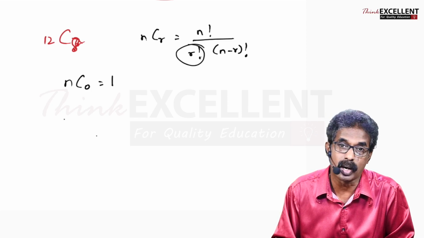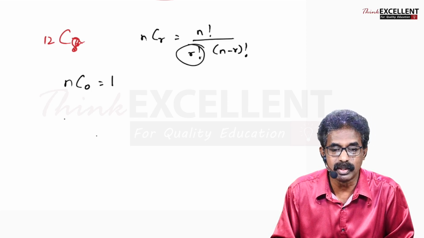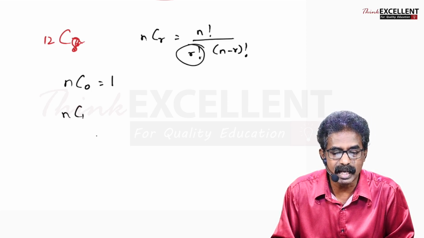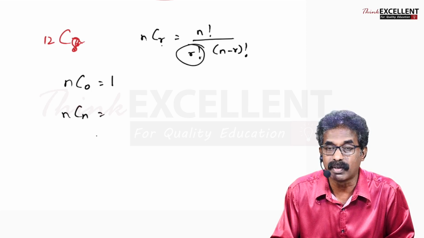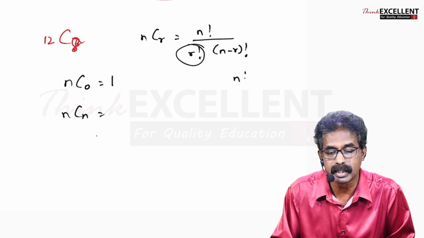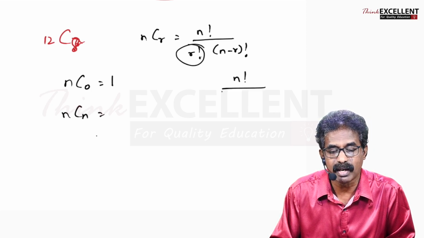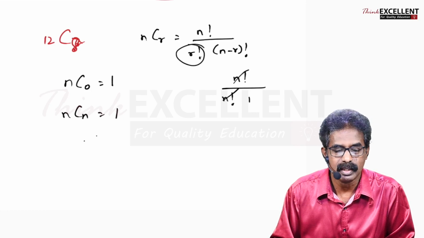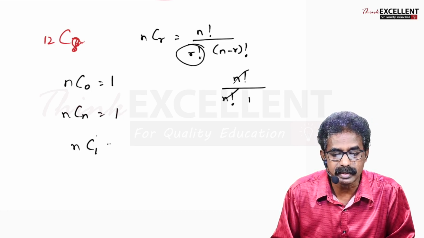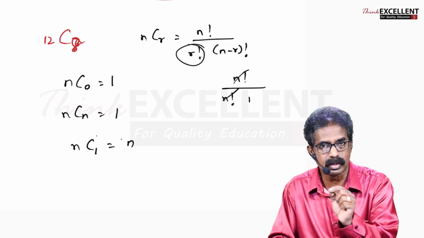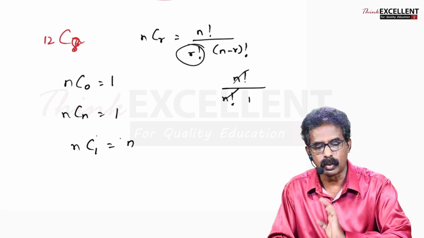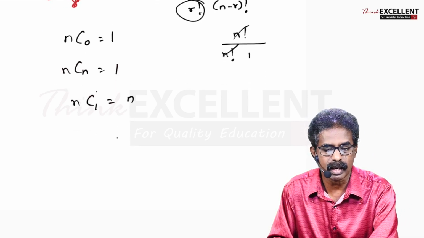Your answer is 1. nC0 is 1. nCn, what is nCn? For r you give n. So the numerator is n factorial, and the denominator has n factorial and n minus n, which is 0 factorial, 1. Cancel. Your answer is 1. nC1 is n. Start with n, write one term, denominator 1 only. So these values you have to remember.